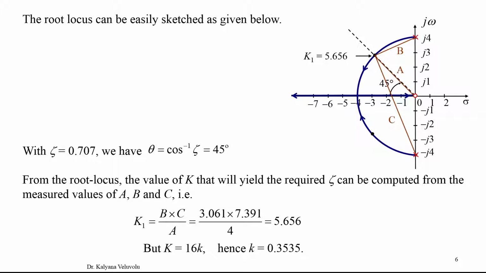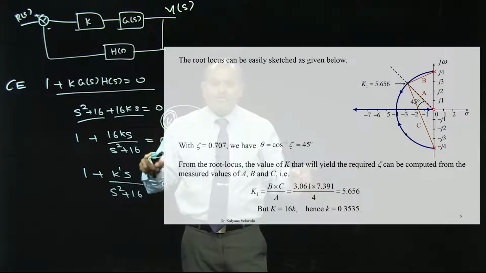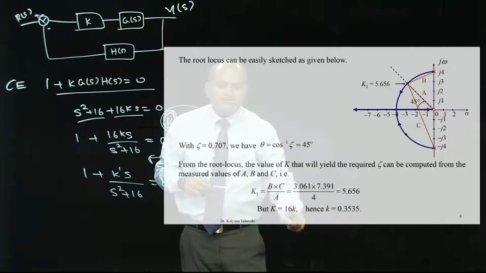So I want to find the actual k. The k is the product of the distances from the poles divided by the product of the distances from the zeros. So I take the distances by connecting the locations of the poles to the point where the constant damping line intersects. Measure the values a, b, c, and you get k dash is b into c by a. Now the value you get is for this k dash, not for the actual k. So what we need to do is change the value. Just modify the k dash and you can get the k value.